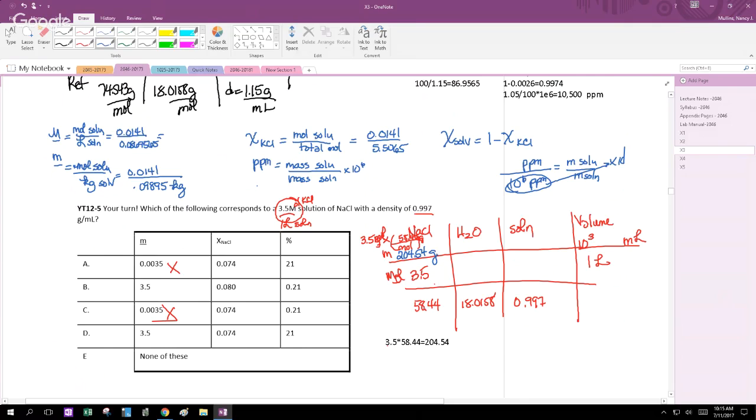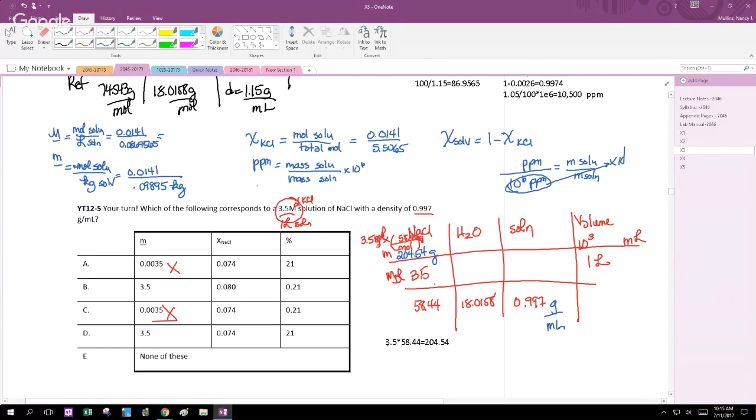What can I do next? You think, Taylor? Well, bearing in mind this is grams per milliliter, where could I go from there?